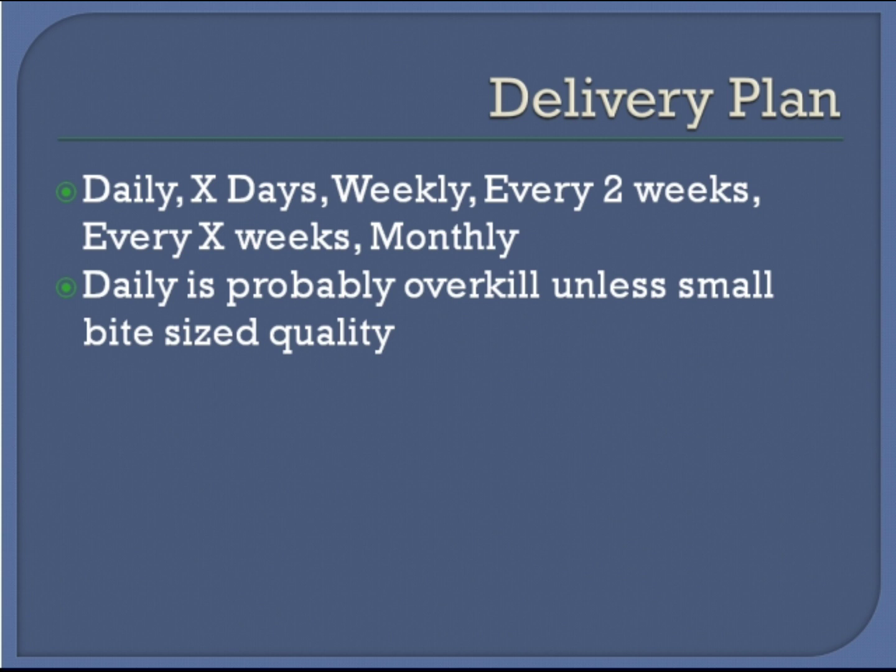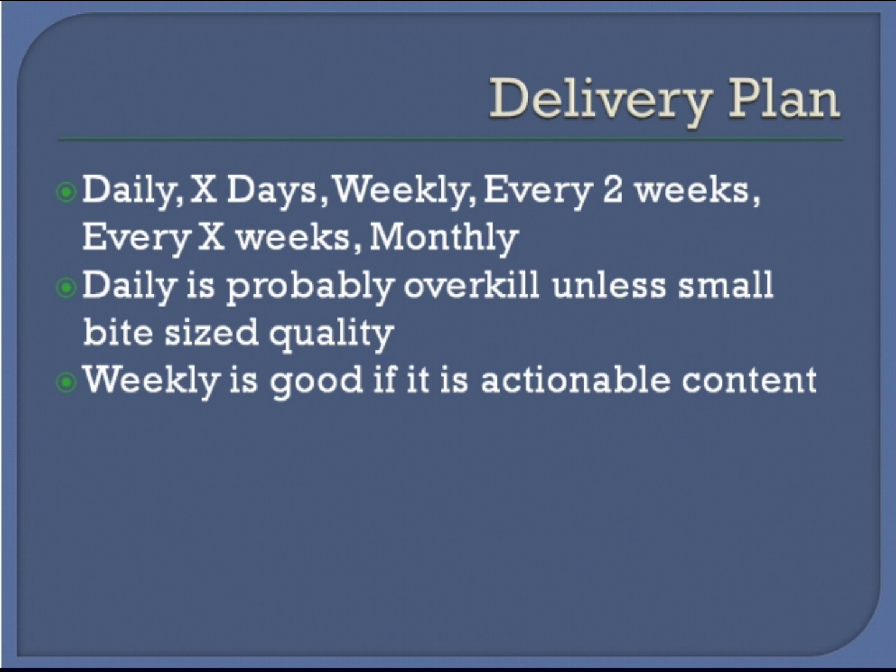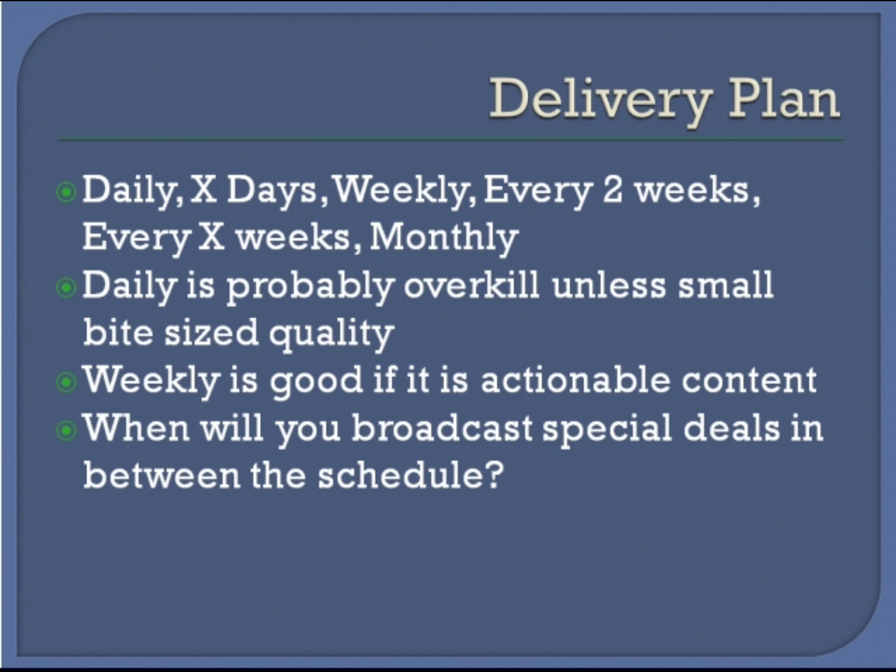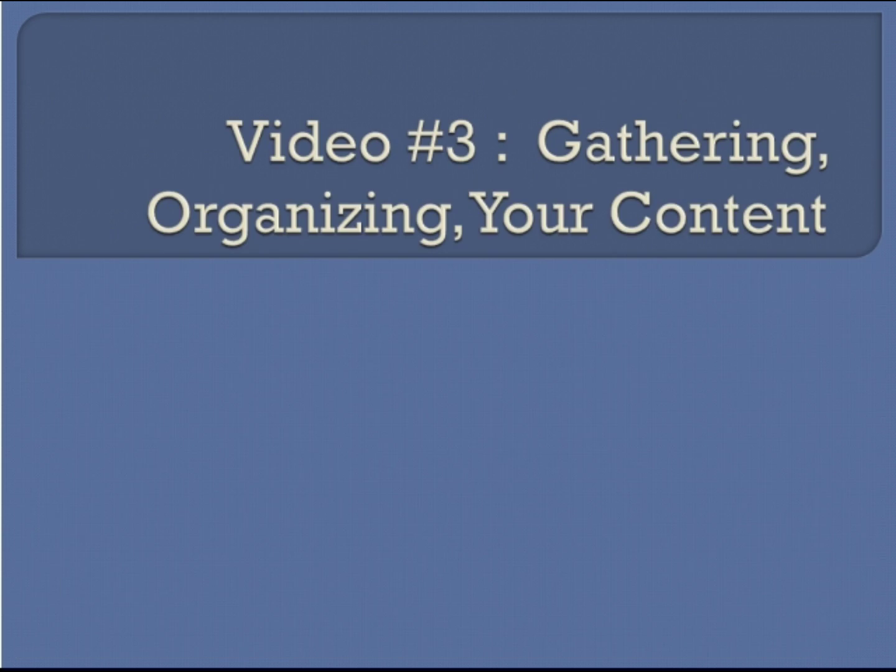So it depends on your audience. Weekly is good if it's actionable content. Most people are not going to have time to do something every single day, but they'll definitely have time to do it every single week. So like I said, think about your audience, think about your competitors, and then create a plan from that point.